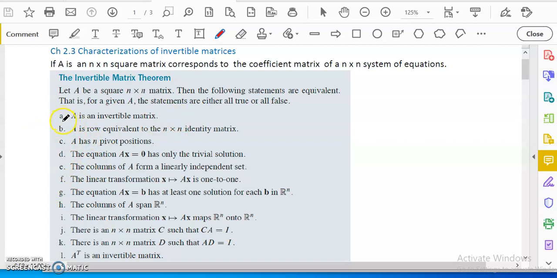That means A implies B, B implies A, A implies C, C also implies A. Some of them were proved earlier, for example in chapter 1.4, like the equation AX equal to B has at least one solution, then A has an n pivot position.